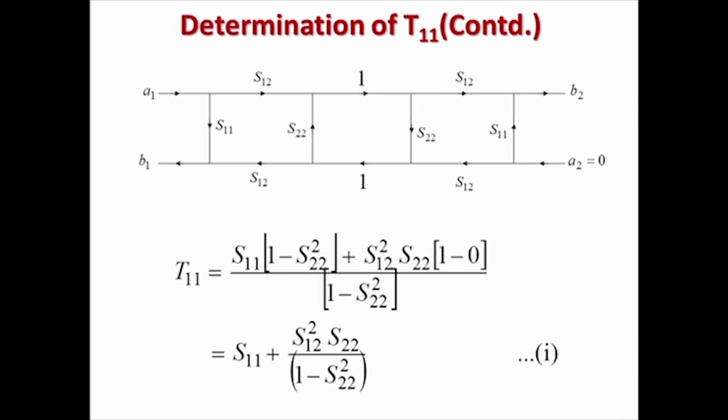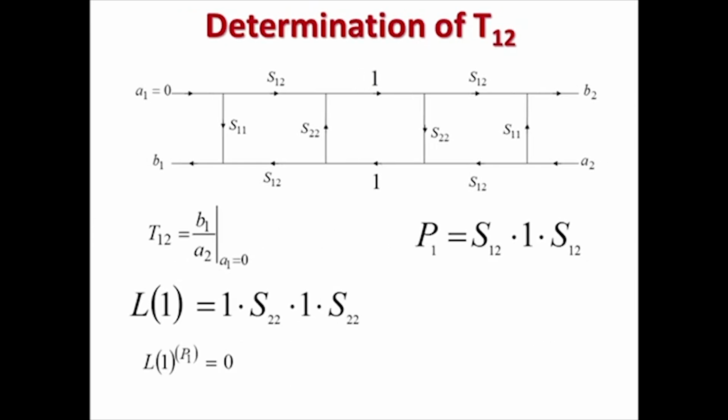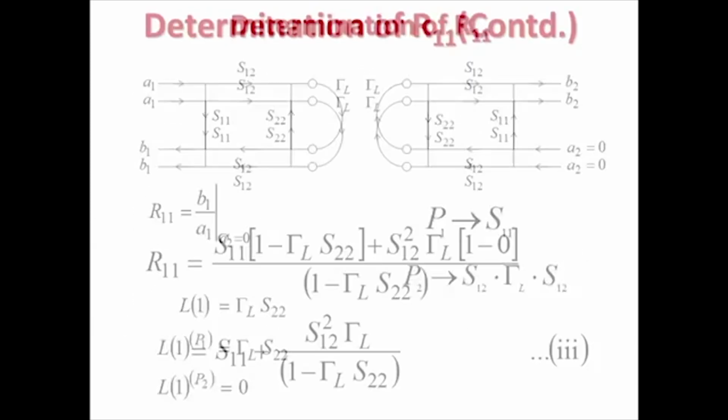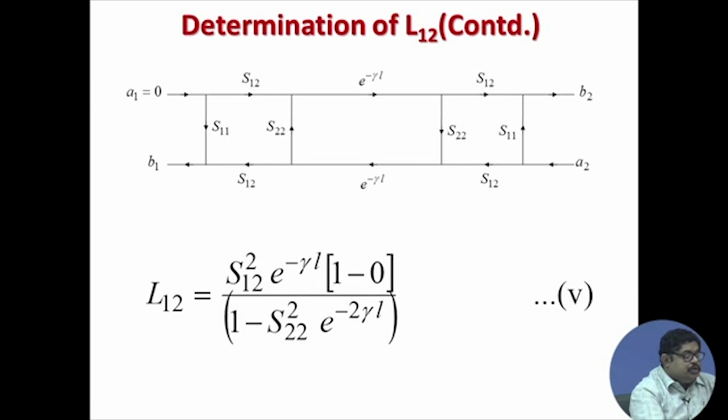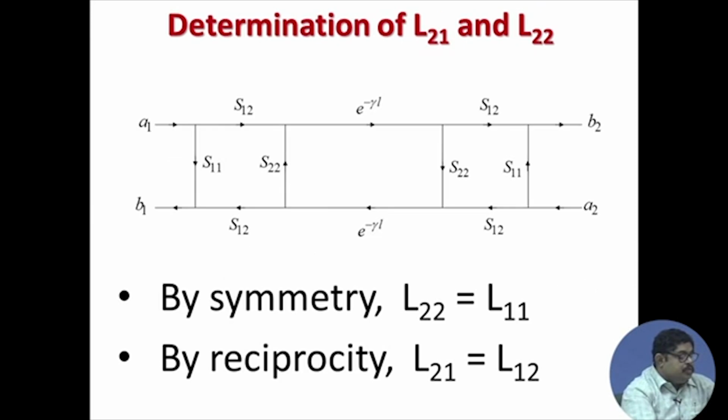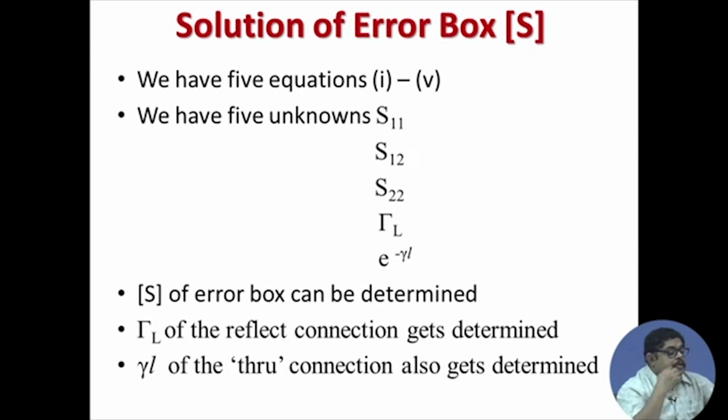So, there are S parameters, and we have 5 such equations. So, they can be solved. By symmetry, we have 5 equations and 5 unknowns: S11, S12, S22.